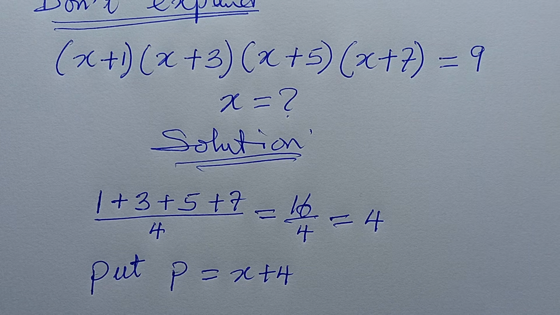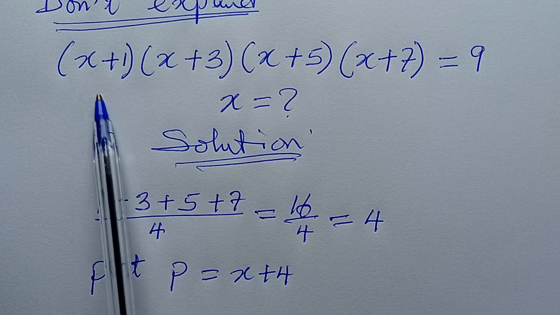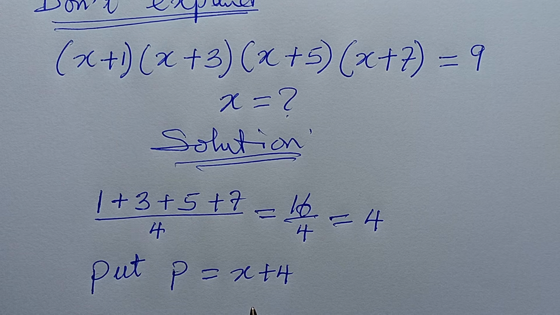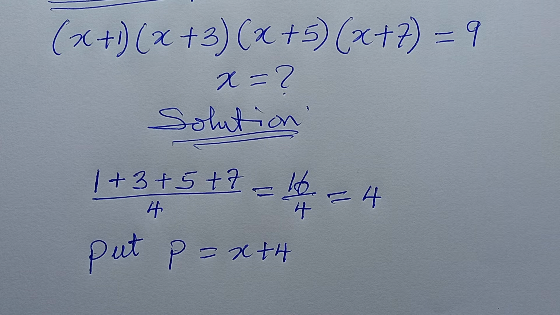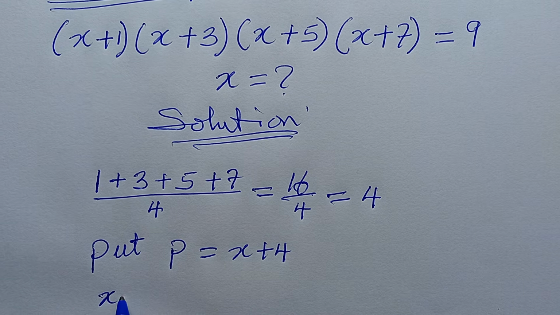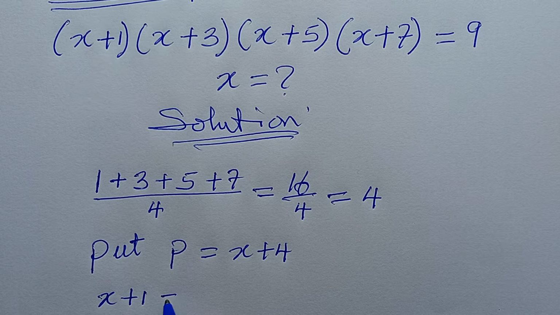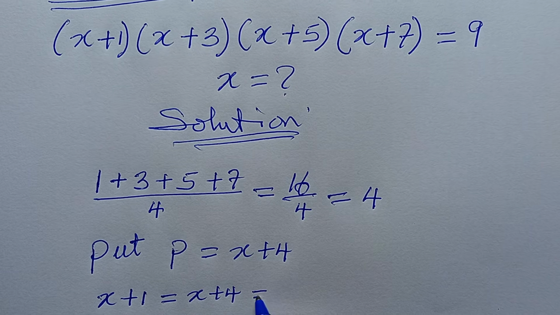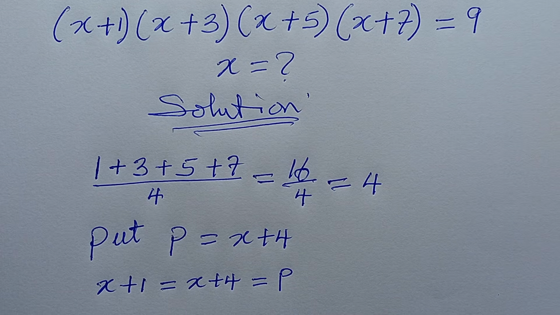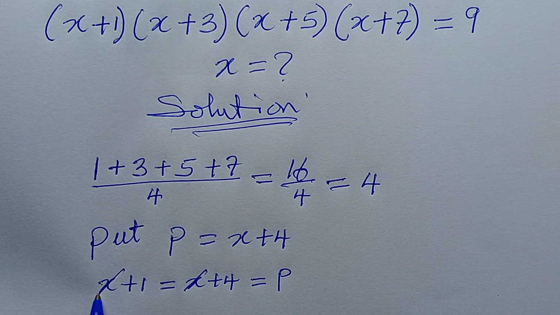In other words, we want to equate each of these quantities we have here to this. So let's take the first one. For this, x plus 1 is equal to x plus 4, equal to our p, right?